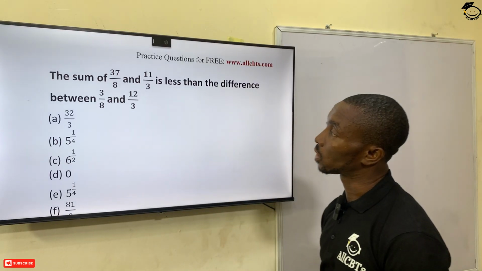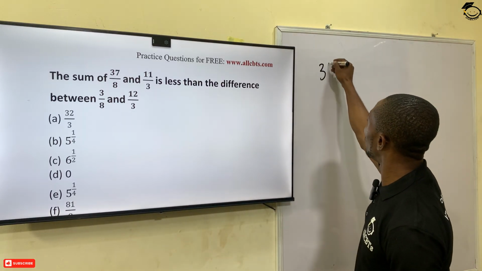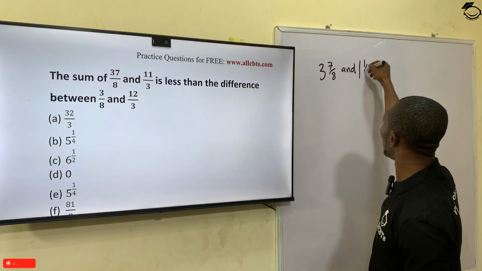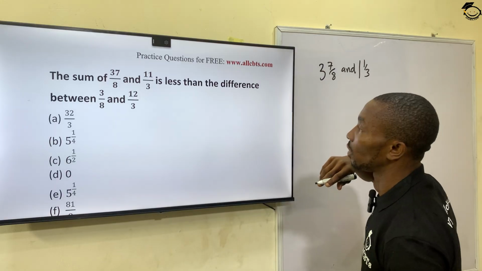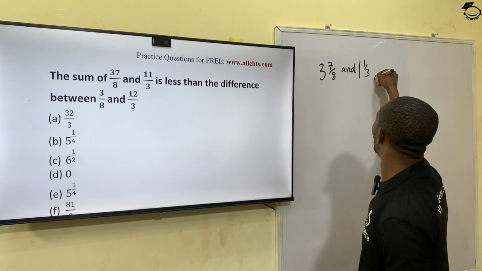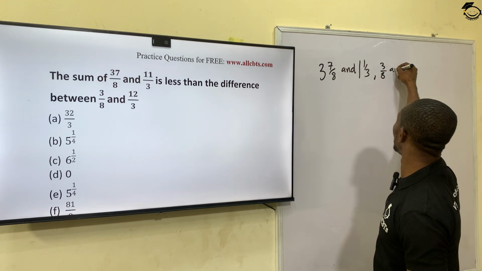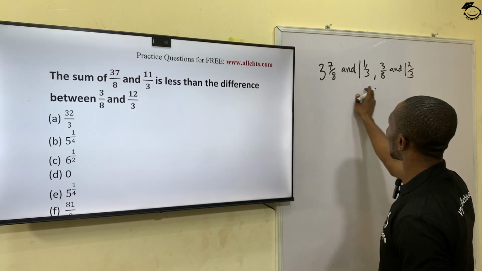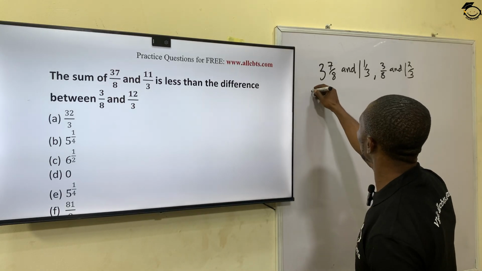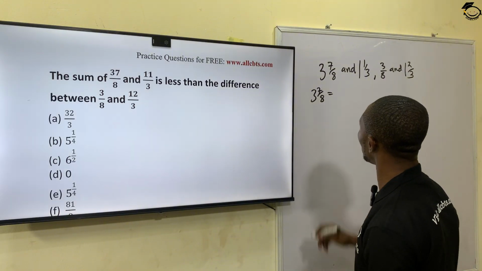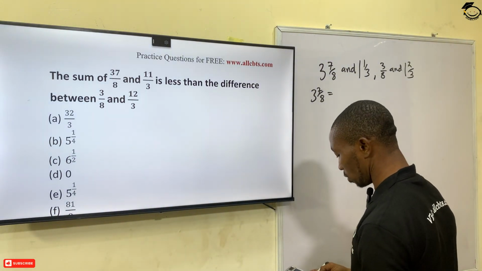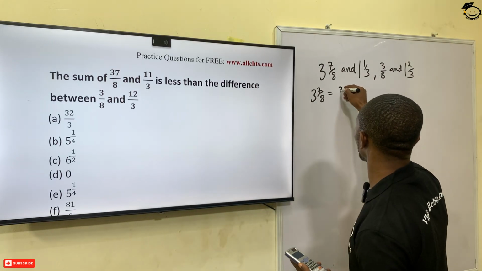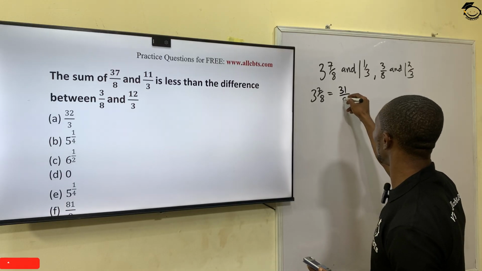All right, the sum of 3 whole number 7/8 and 1 whole number 1/3 is less than the difference between 3/8 and 1 whole number 2/3. Now, let's analyze these two. 3 whole number 7/8, when converted to an improper fraction, becomes 3 times 8 plus 7, which gives us 31 over 8.